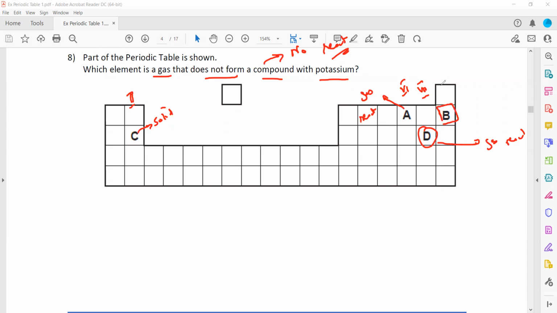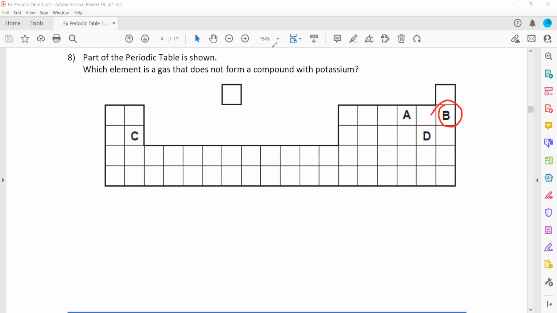But when we check B, B belongs to group 8, and group 8 are known as noble gases as they have a complete shell. So B won't react. That's why B is the right answer for this. So unreactive gas, or does not react, that is B.